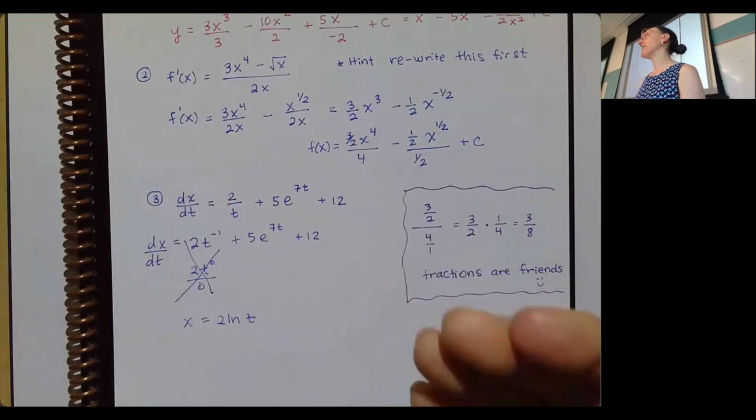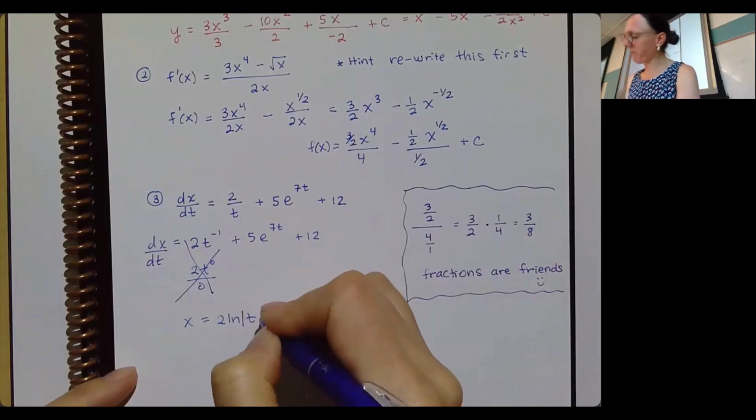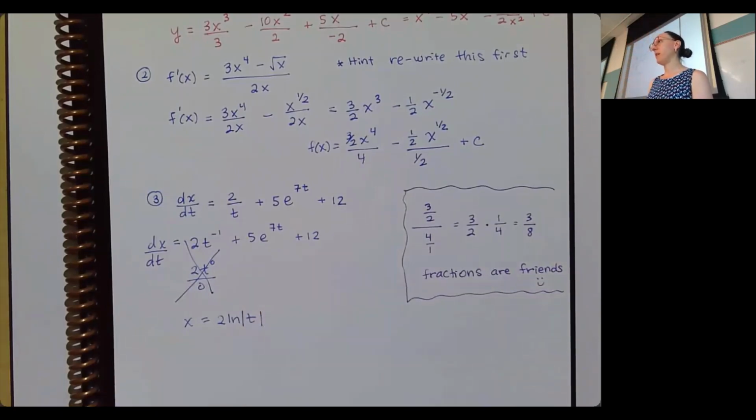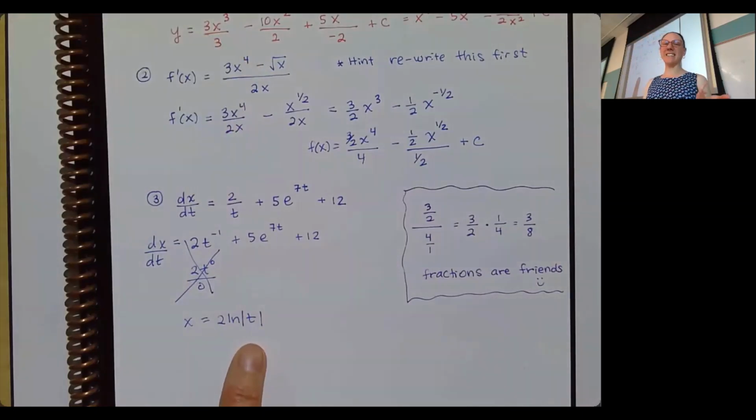So when we find the antiderivative, in order to make the domains match, what we do is we put an absolute value on the t. And now the domain for natural log of t matches the domain for 1/t. It's a subtlety, but it is the kind of thing that's going to maybe lose you a point. So it's worth just practicing putting the absolute value bars on there.